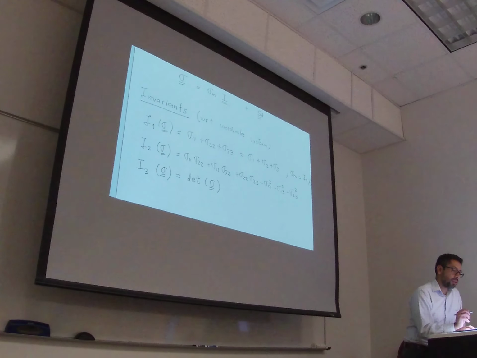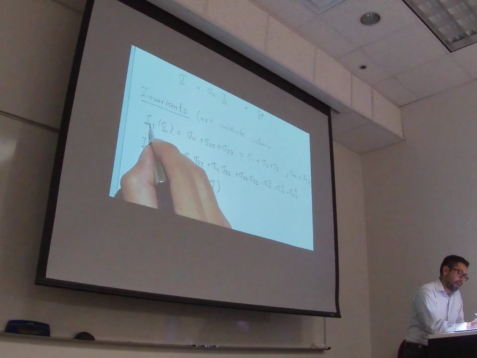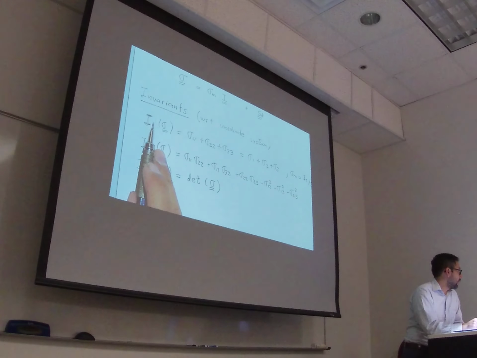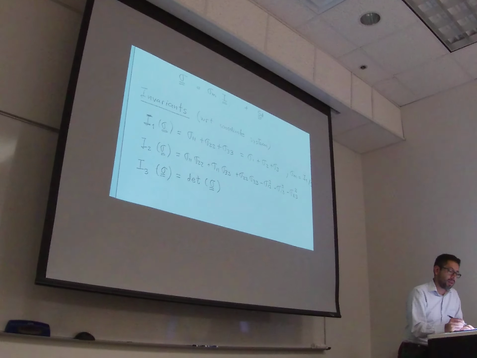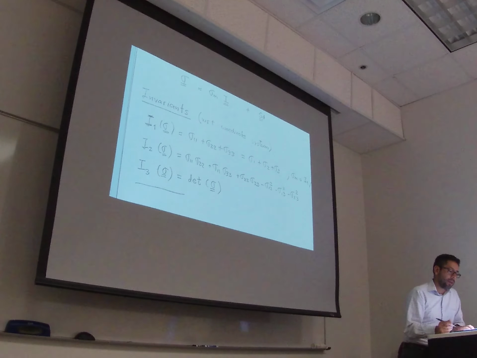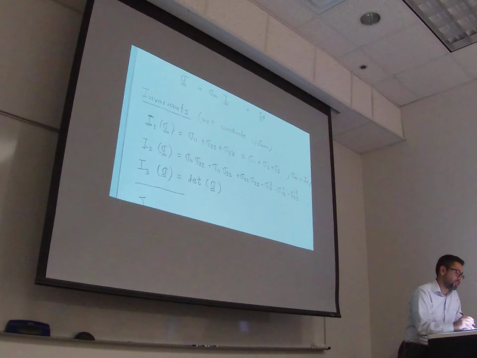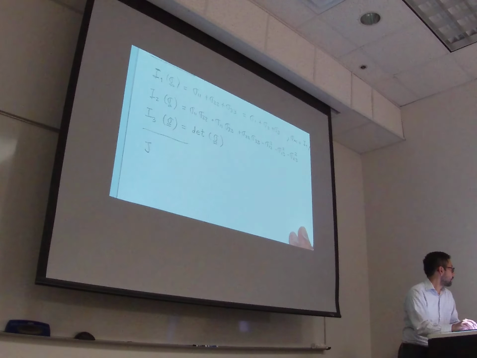Okay, we're going to call I, from invariant, the invariants of the stress tensor. And there are going to be 3 other invariants, which we're going to call by J.